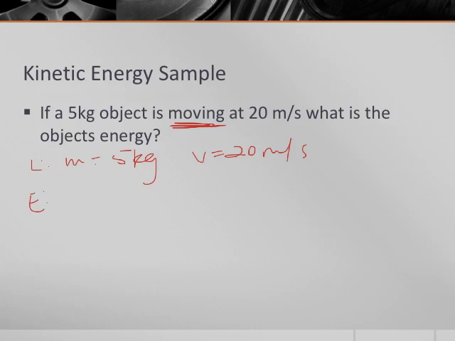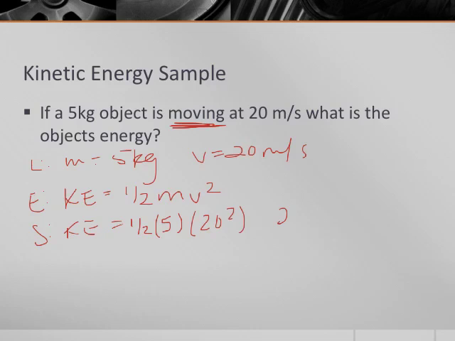So our equation is KE equals 1/2 mv squared. We substitute in: KE equals 1/2 times 5 times 20 squared, which becomes 2.5 times 400, or 1,000, and then your units are joules, or if you really wanted to, newton meters.